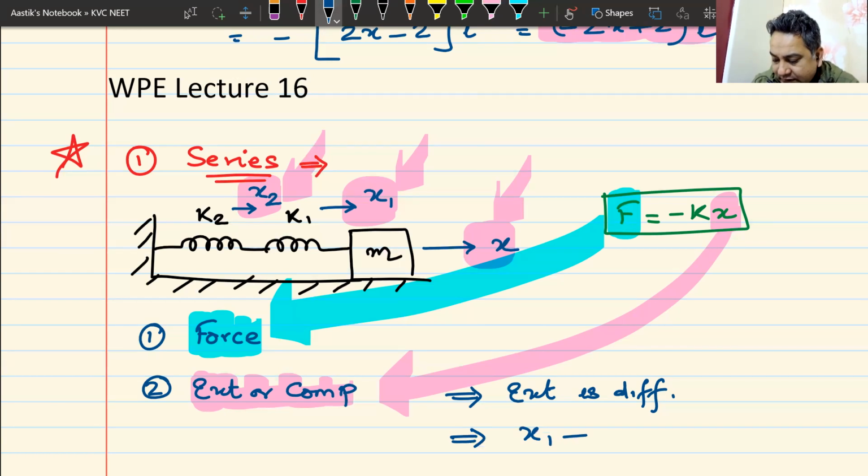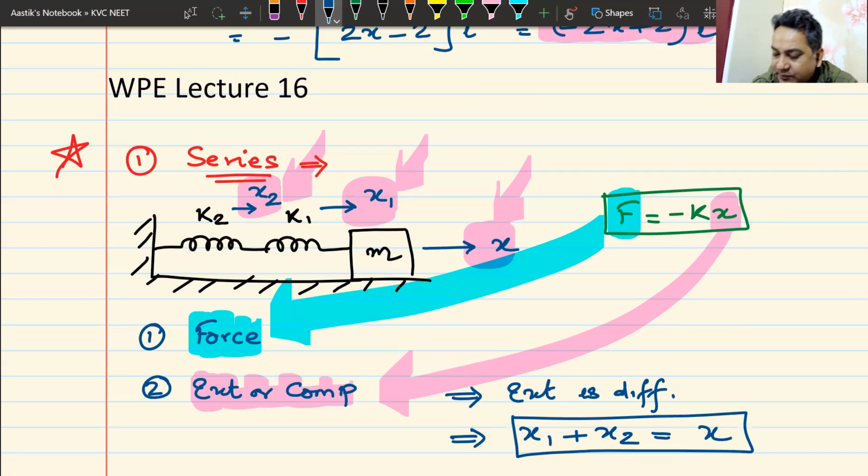Well, the relation is very evident. x1 plus x2, if you add, that would be equal to x. The total displacement of the block x will be equal to x1 plus x2. Do we all understand this here?